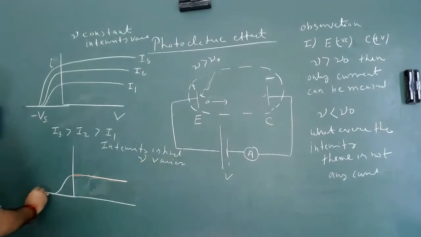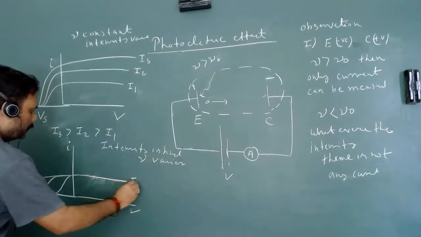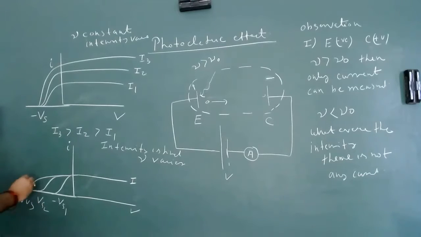So intensity is fixed, but frequency is varied. This is again an I versus V curve. This is your intensity. This will be minus Vs1, Vs2, Vs3, and this will be your, let's say, nu3, nu2, nu1.